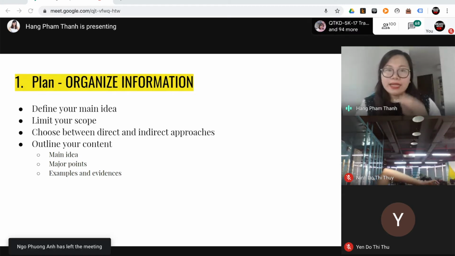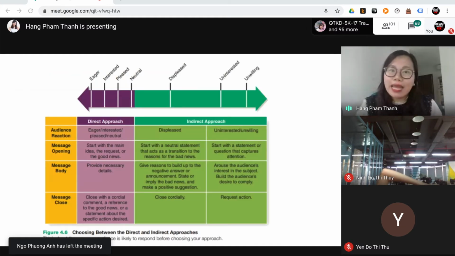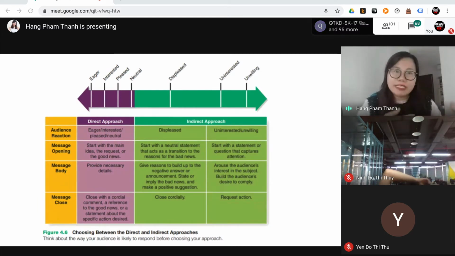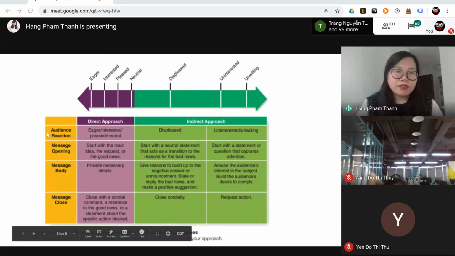Okay, so here in the textbook, they provide us with a figure classifying different situations and different criteria for choosing between direct and indirect approach. Here they have four different criteria.